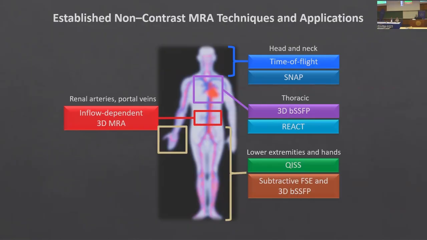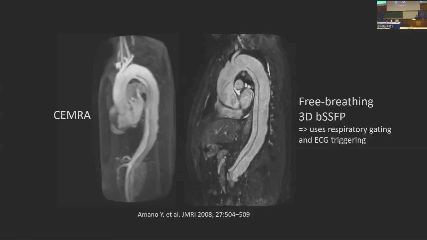We have a number of standard techniques like time of flight, standard 3D balanced steady-state free precession, subtractive techniques, inflow-dependent techniques. We'll go through each of these. So one of the most straightforward approaches is simply to do a balanced 3D steady-state free precession acquisition using either a respiratory bellows device or a navigator gating.